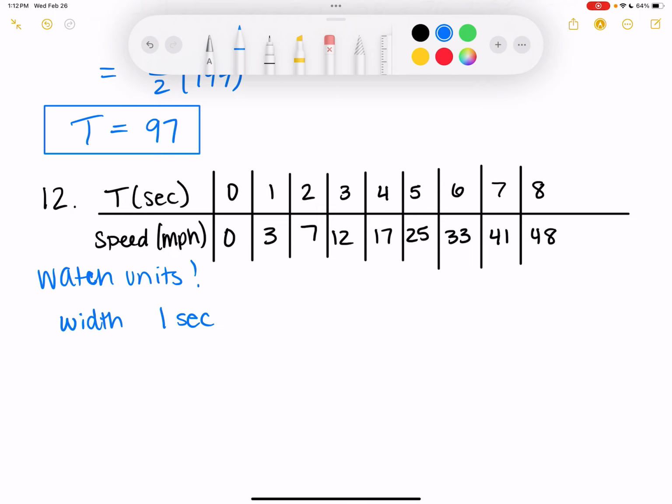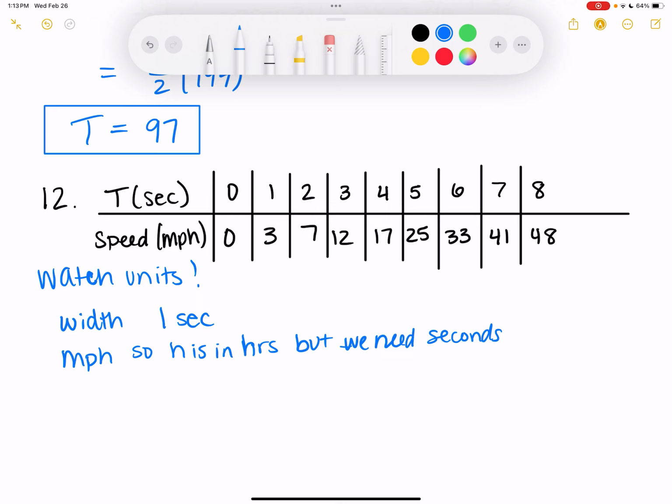Now, we also have miles per hour, meaning h is in hours. But we need seconds. So what does that mean? We need to multiply all those numbers by what?